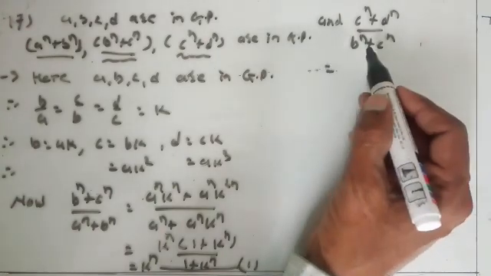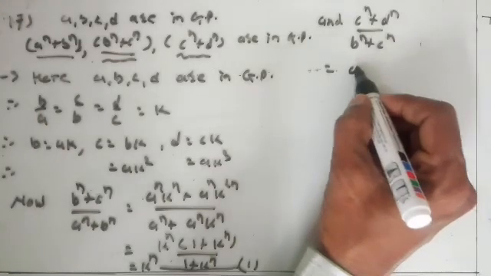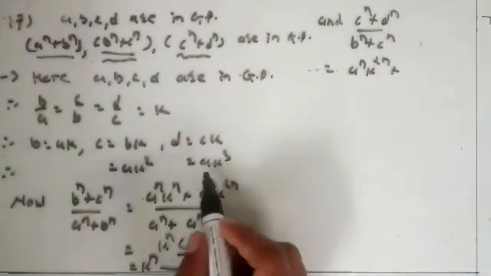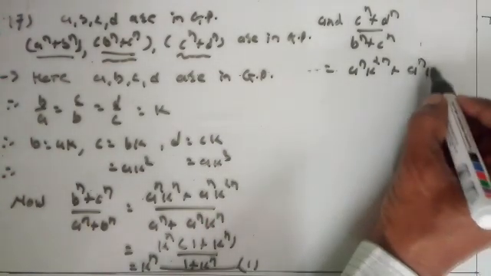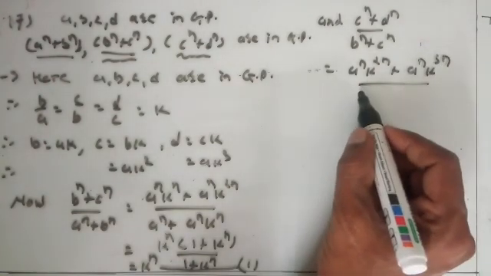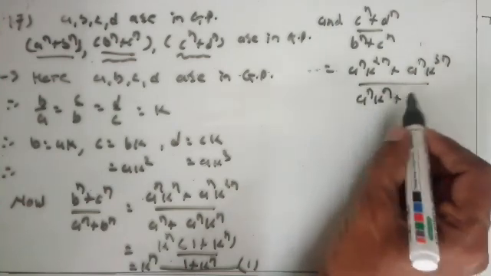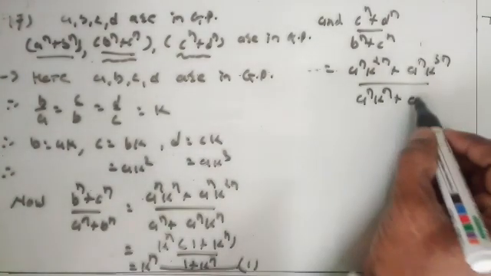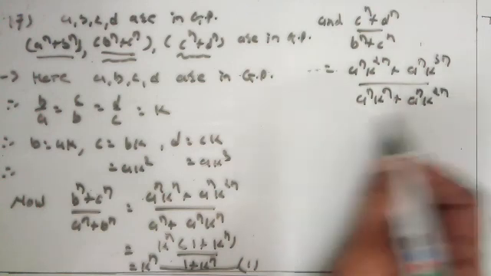Here c is equal to ak square, so a raised to n k raised to 2n, plus d is equal to ak cubed, so a raised to n k raised to 3n, upon b is equal to ak, so a raised to n k raised to n, plus c is equal to ak square, so a raised to n k raised to 2n.